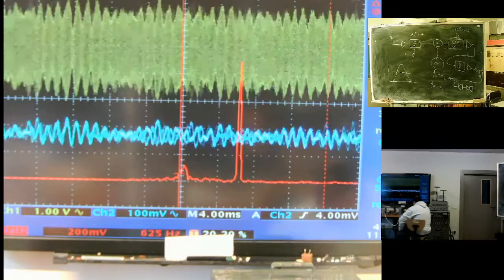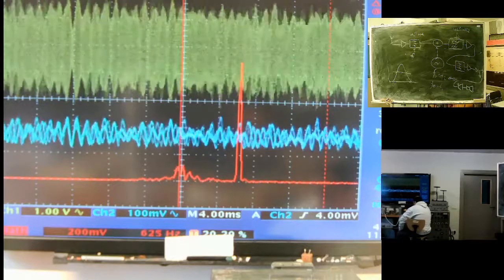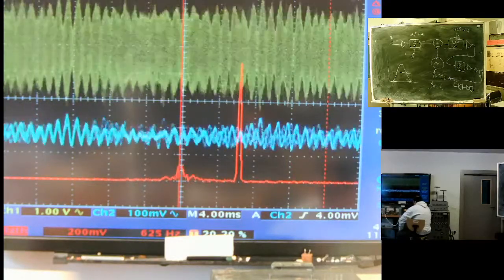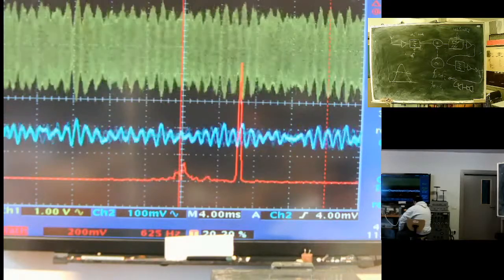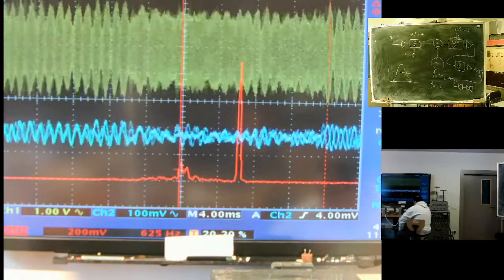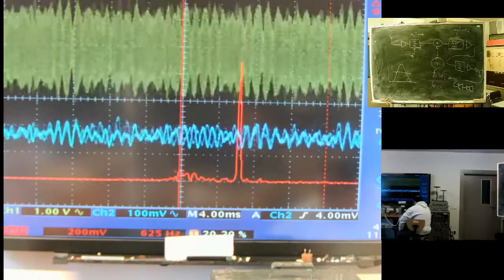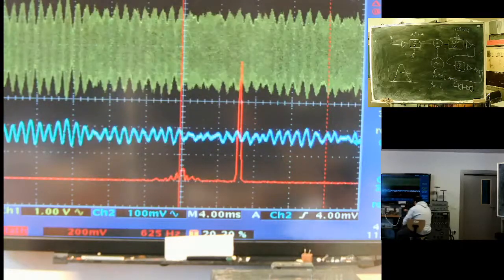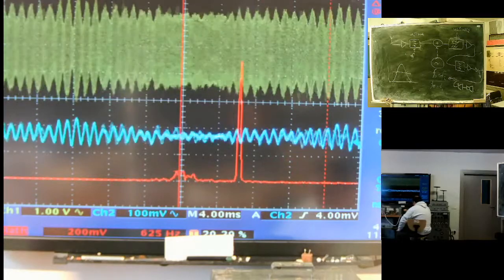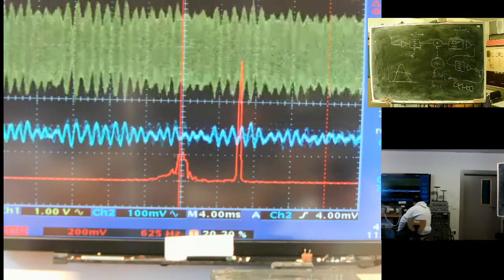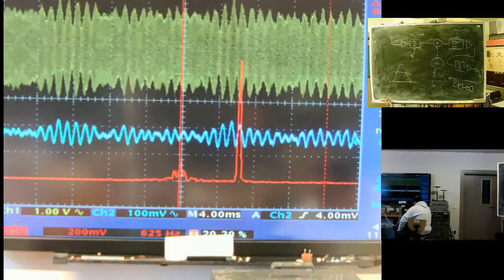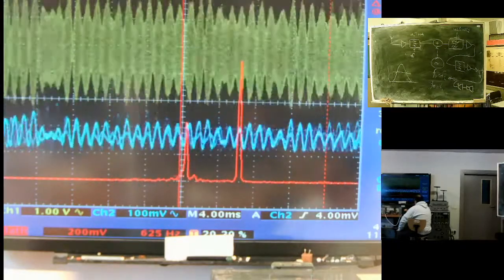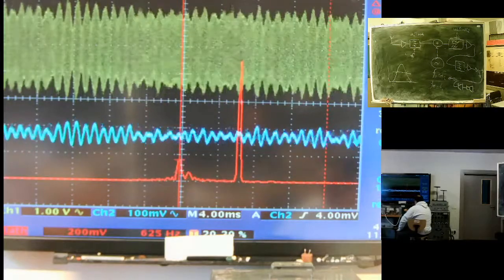Only a very strong transmission can get through.